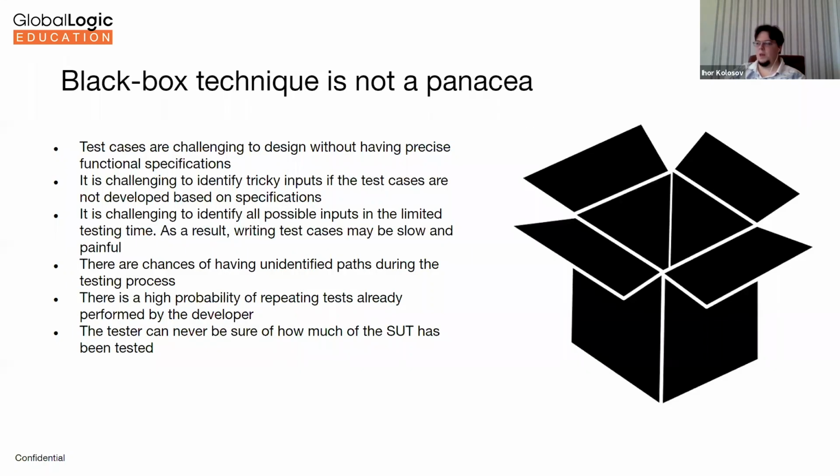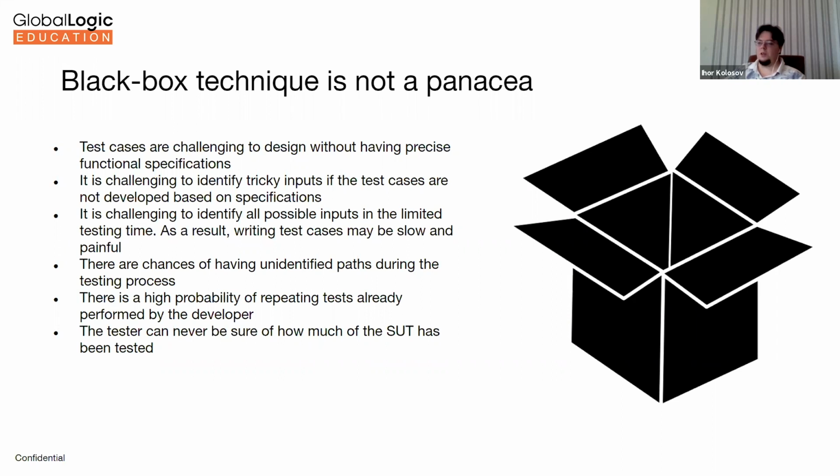So why is it bad? Why it lacks test coverage? What's wrong with it? Actually, test cases are a little bit challenging to design without proper vision of the system, without precise functional specifications, right? You can miss something. And also you can miss some critical and maybe tricky inputs if you will follow black box technique.